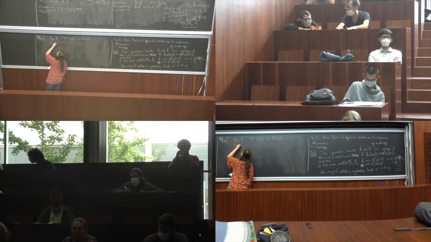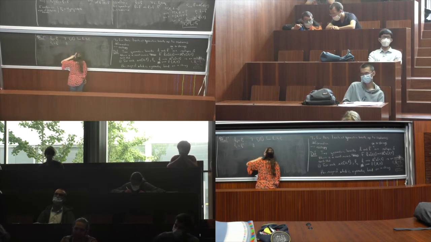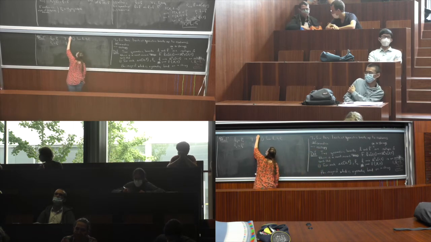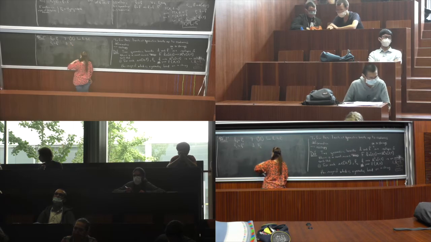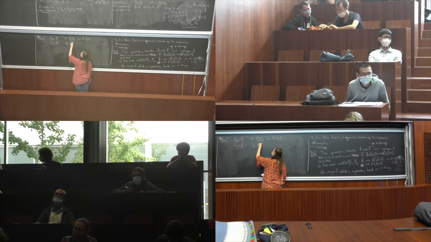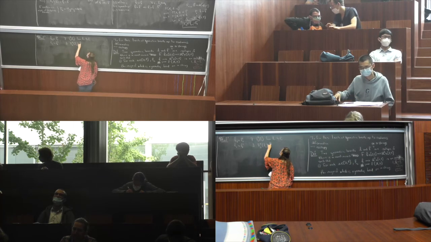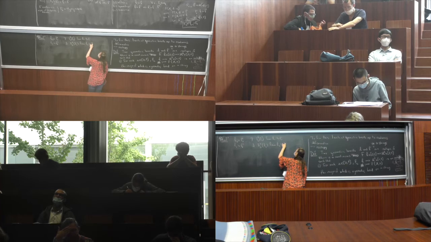Because B2 is isotopic to B2 prime, so maybe I will call this F1s. And there exists another family Fs2 of B2 from B2 to B2 prime.